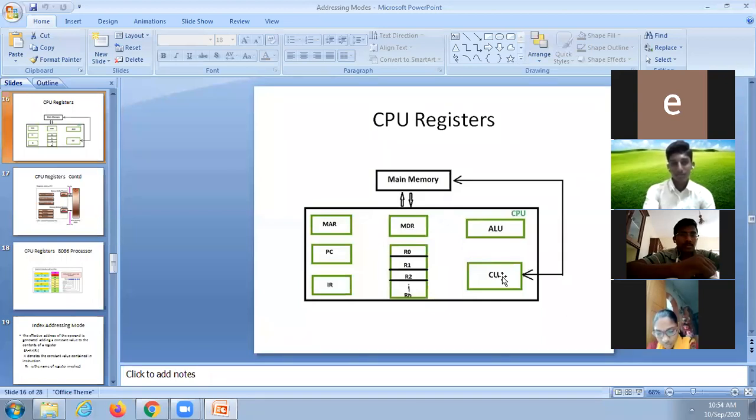Decoded means finding what the operation is. An instruction contains an opcode followed by operands. The control unit divides what is the opcode and what are the operands, and it does the controlling.